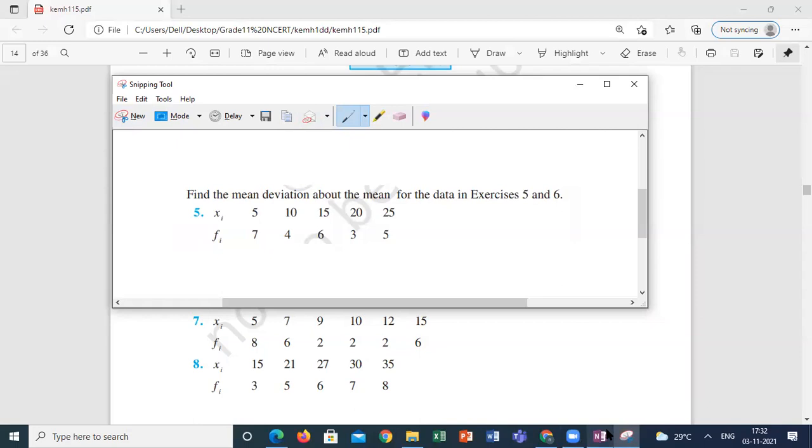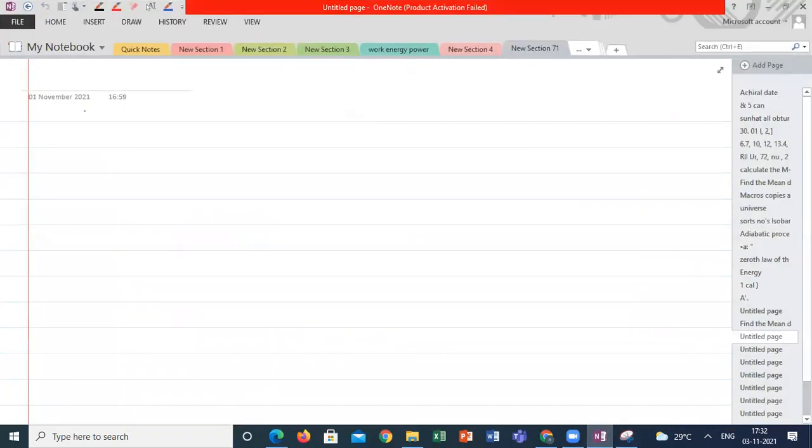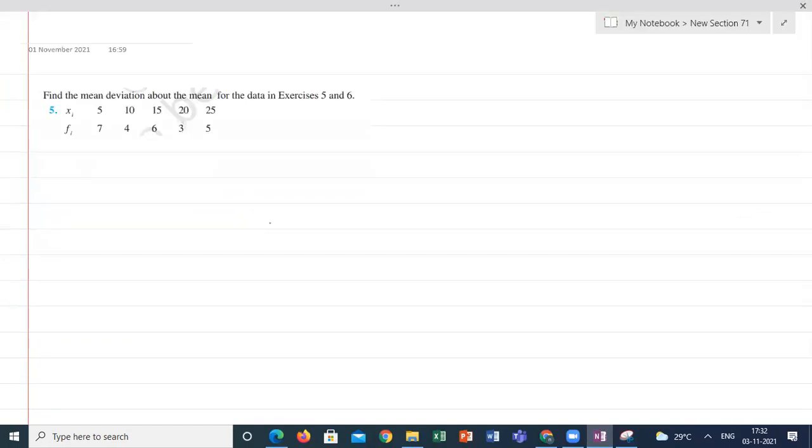I think this is not a frequency distribution table. It's grouped data. So do you know how to calculate for grouped data? He's asking to find the mean deviation about the mean. So our aim is to calculate the mean of this grouped data. How to calculate the mean of this grouped data, students?